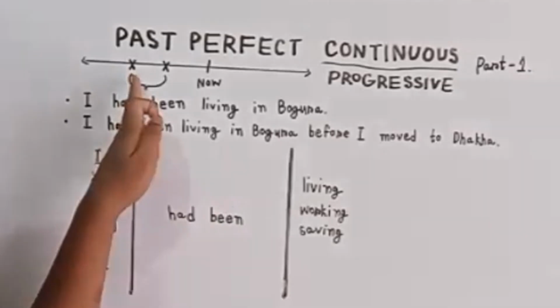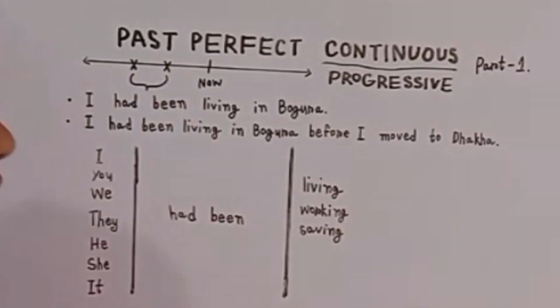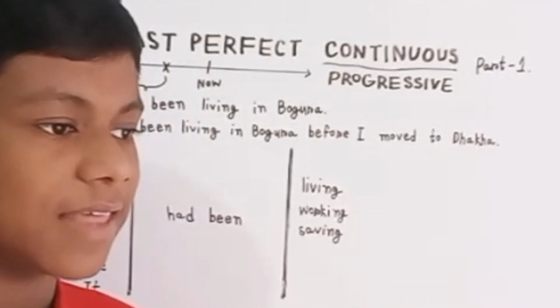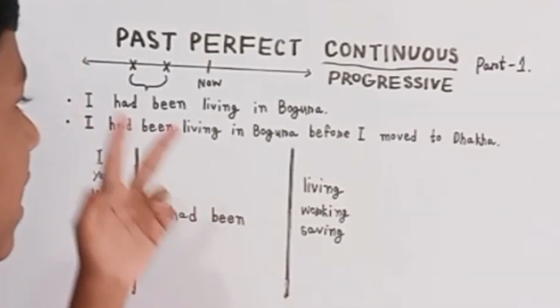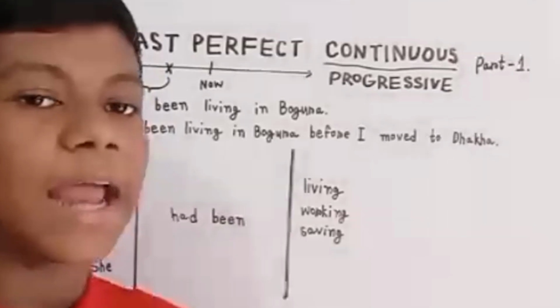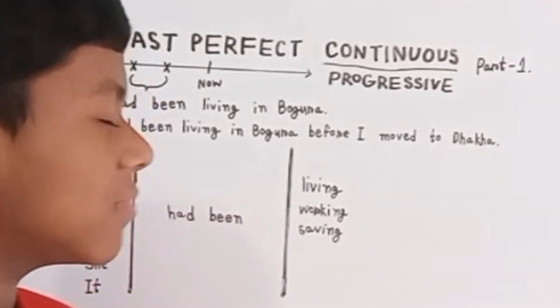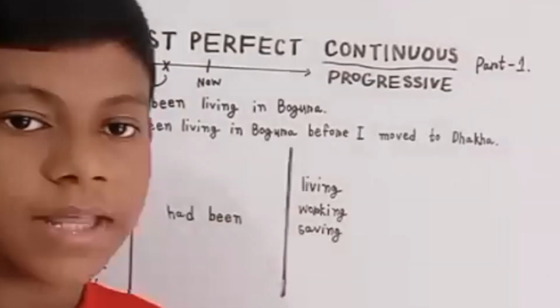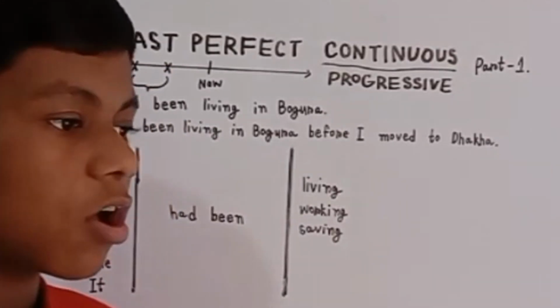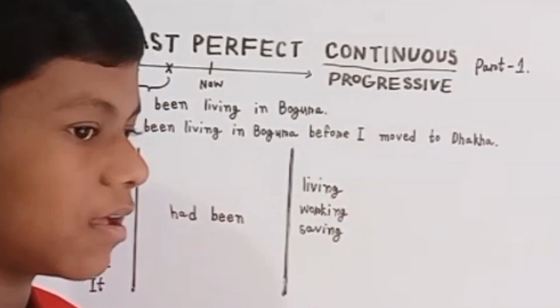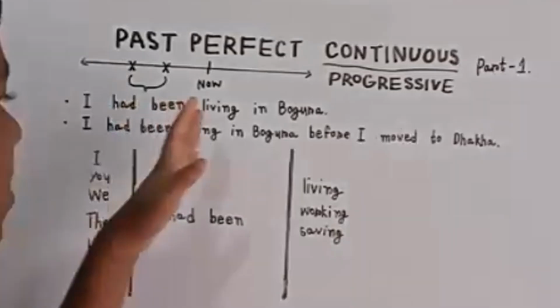From the first x to the second x, we can understand that some incident or something else had happened, had continued. Something happened and it had been happening in the past. On that time, we can say it like this.